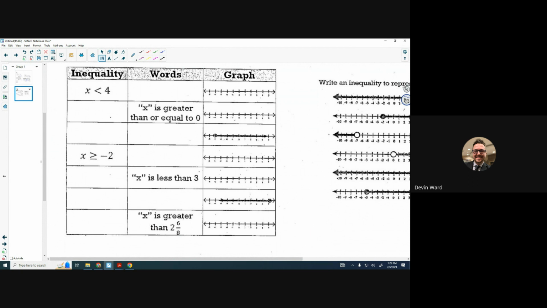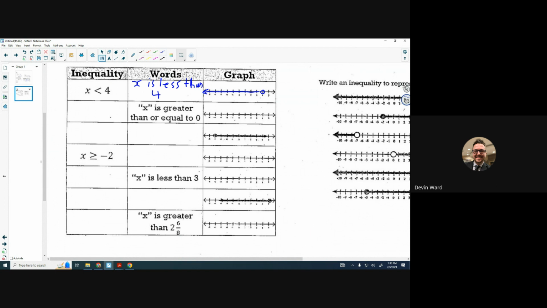That means that 4 is bigger than x, so x will be less than 4. Okay, not less than or equal to because there's no line beneath it. So x is less than 4. So on my number line, I'm going to find 4, do an open circle, and then work my way back to the left.